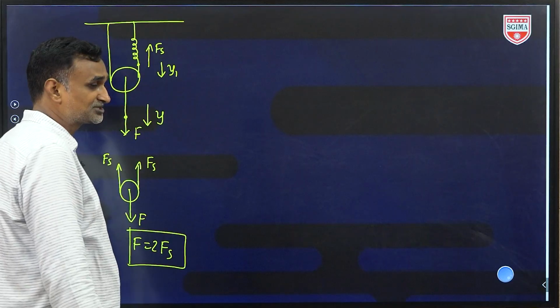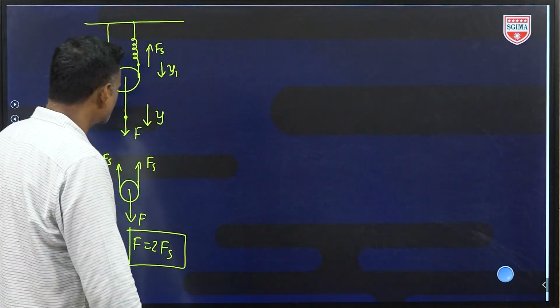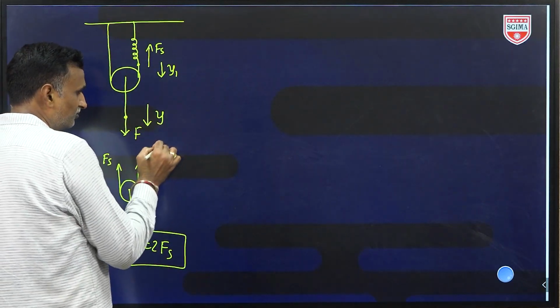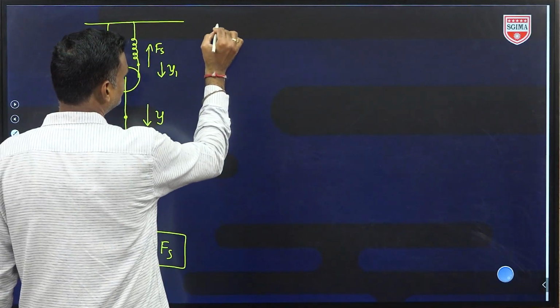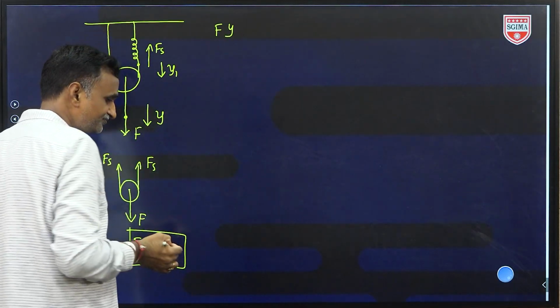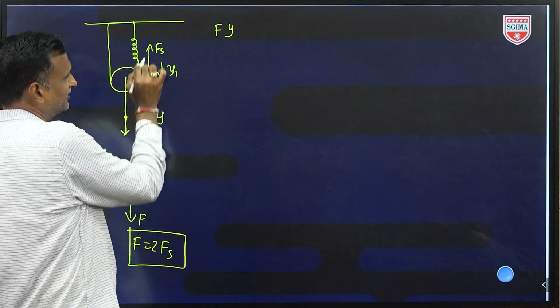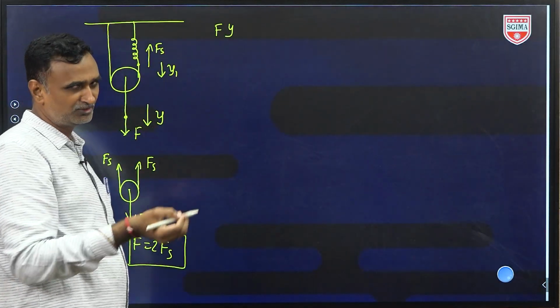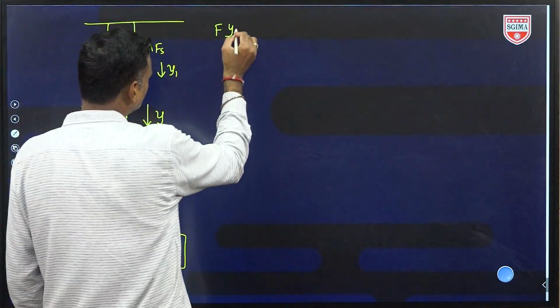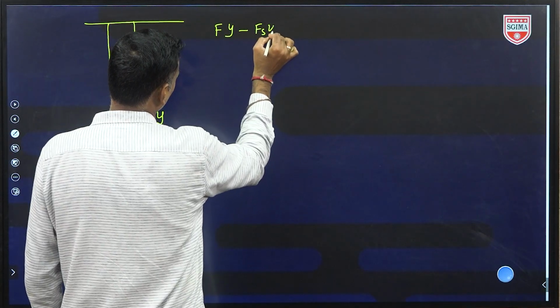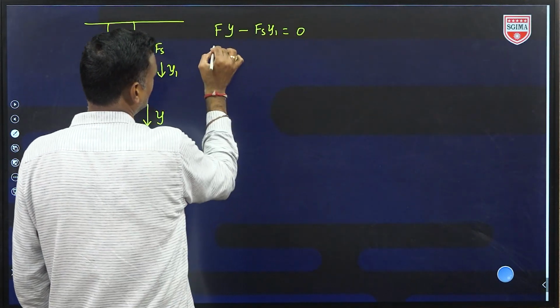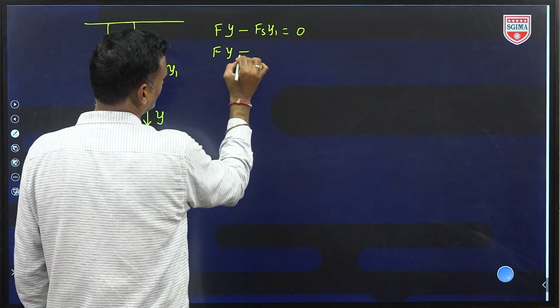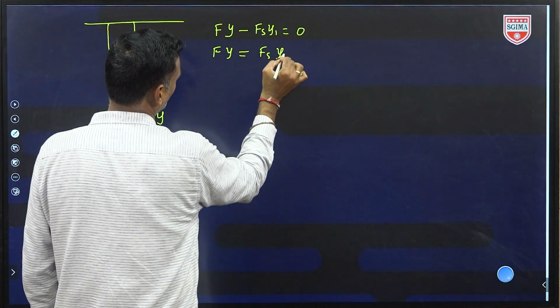Second one, constraint relation we can follow. That is, F applied and moving downward, so by the work method, F into y. Next, Fs upward, y1 downward, again work done is negative. We will write F y minus Fs y1 equal to 0. That is F y equal to Fs y1.